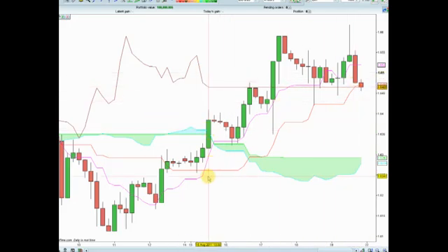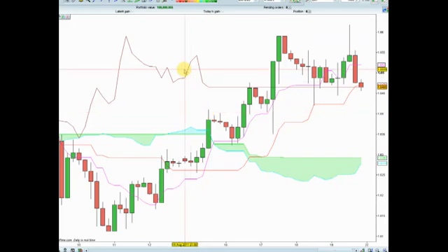Now, two things need to line up when she breaks through the cloud. We need the pink or the Tenkan to be above the Kijun at the point of breaking the cloud cover.